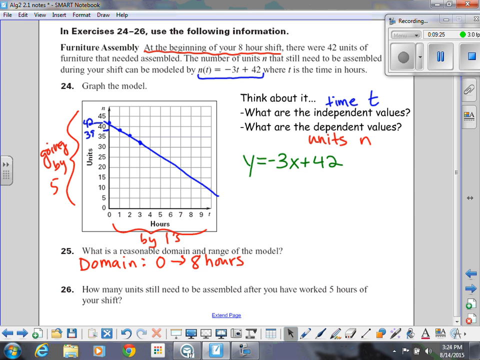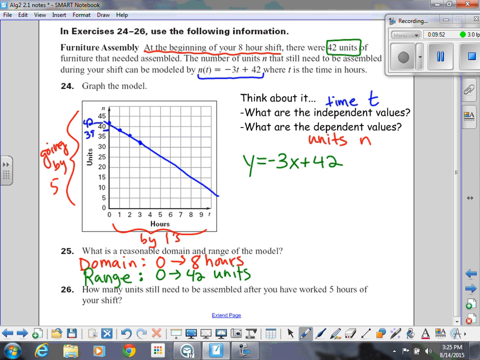And then for our y values, our range, remember those are the number of units. So how many units make sense? Well, remember, we're starting with 42 units, and that is going to go down from there. So I'm not going to have anything bigger than 42, and I'm obviously not going to have negative units. So anything between 0 and 42 makes sense for this problem.